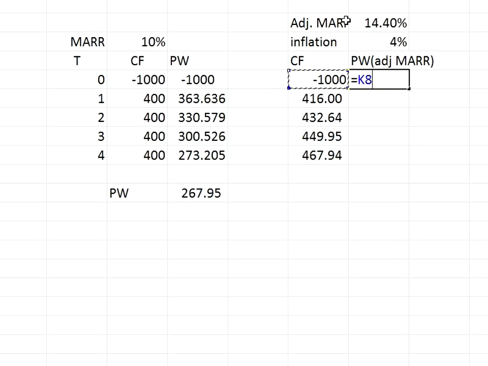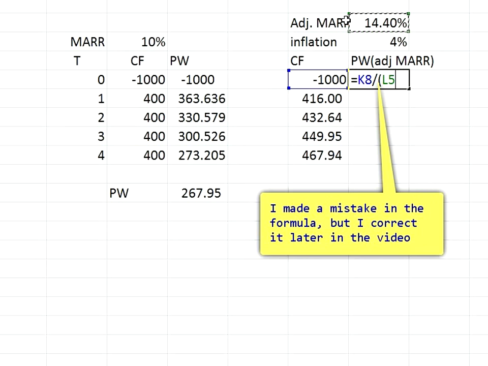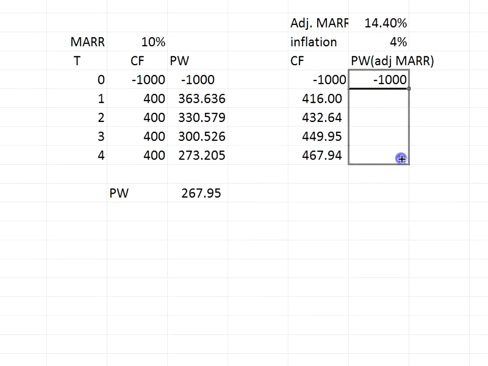So we take each one of the cash flows, divide them by 1 plus this rate raised to the t, and we keep the 1000.